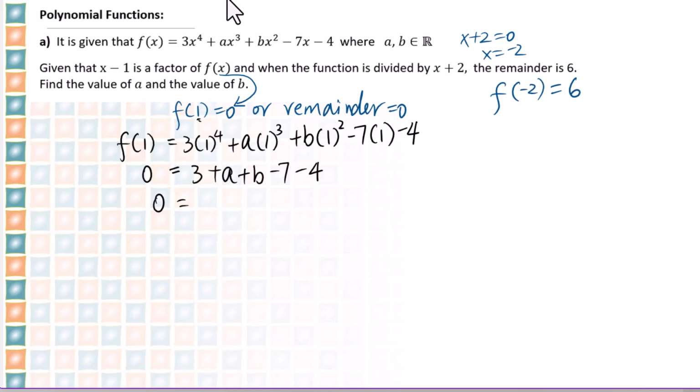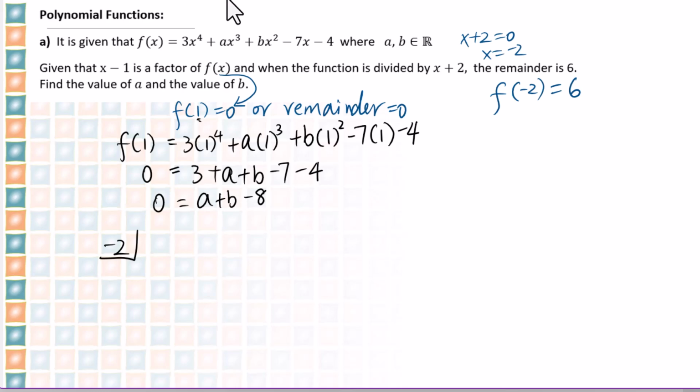Combine like terms: a plus b minus 8. For f of negative 2 equals 6, you can use a substitution method to figure out the relationship between a and b. But in this video, let me show you the synthetic division.